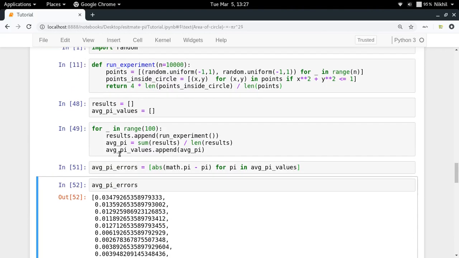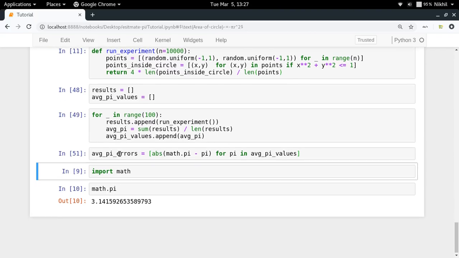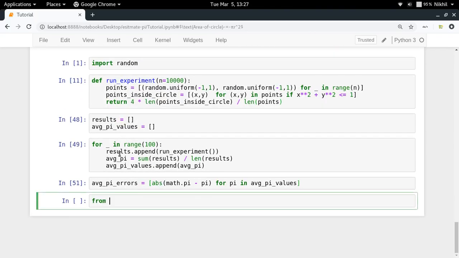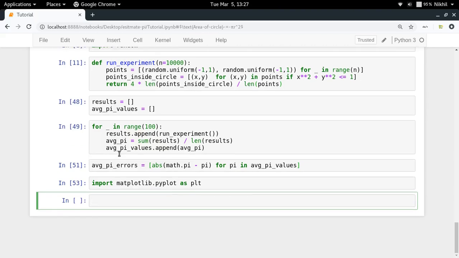Just for making a good visualization of my simulation, I'm going to make a plot. From matplotlib, import, okay, so it is import matplotlib.pyplot as plt. So we will import this, and now it's time to plot.